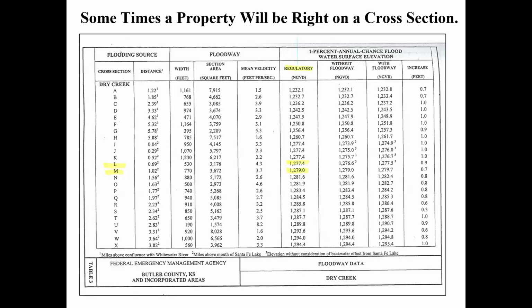If you go to the floodway data table, you can look at your cross sections and see what their regulatory base flood elevation is. The cross sections have their exact base flood elevations determined. So you can make sure that your number falls somewhere in between the two of those. Because if it's outside of that range, then you've made some kind of mistake.